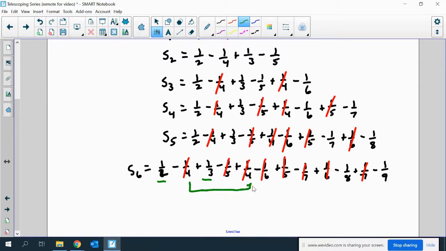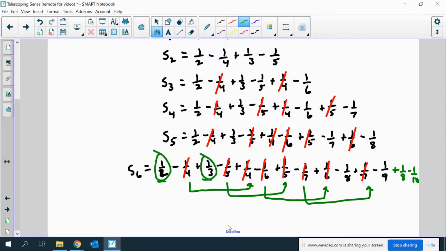So 1/5 cancels with the thing 3 things after it, 1/6, 1/7, and so this 1/8 is going to then cancel with, if I continued, the next 1/8, and then the 1/9 would cancel with the thing 3 things after it, and so on. The only things that never cancel out are these 1/2 and 1/3.